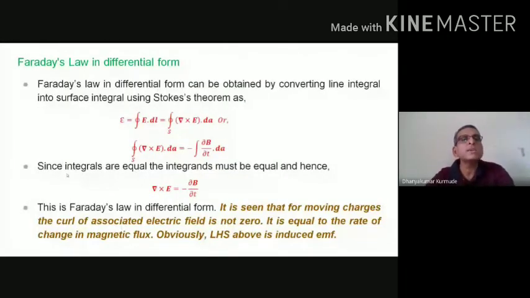Now Faraday's law in differential form. Again, as usual, let us convert the line integral into a surface integral by using Stokes theorem. You remember that we used the divergence theorem to convert a surface integral into a volume integral. Now here we have come across a line integral, so this line integral can be converted into a surface integral by using Stokes theorem. Now, which surface are we considering in this equation?